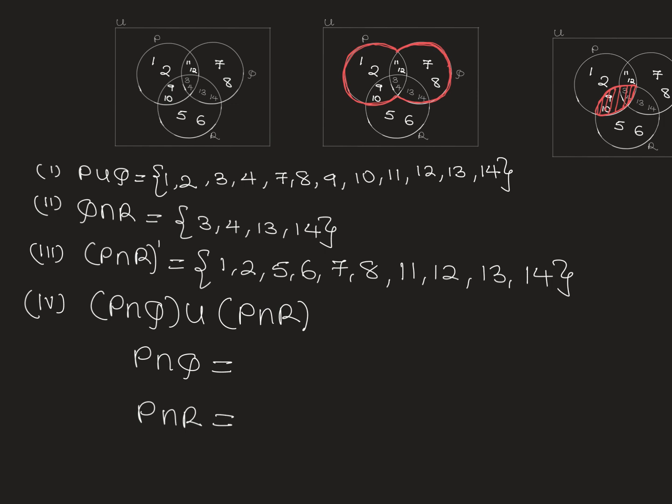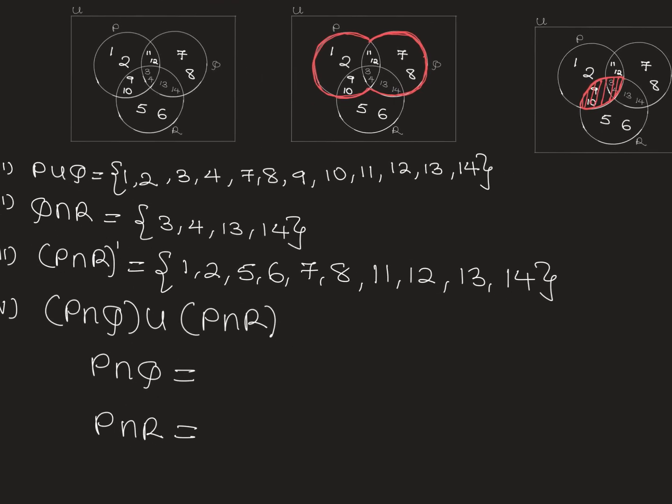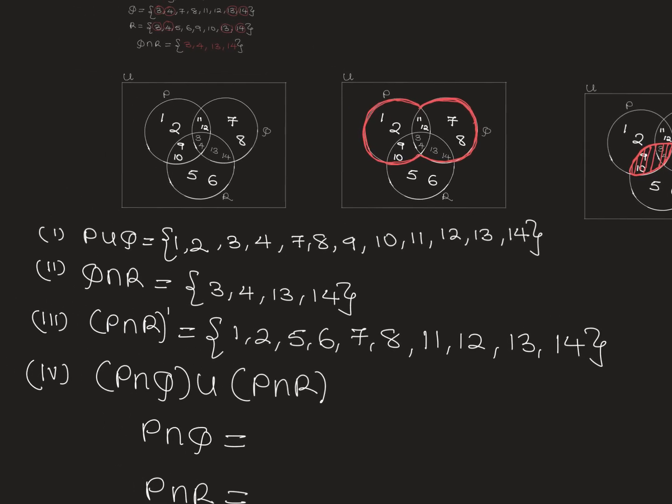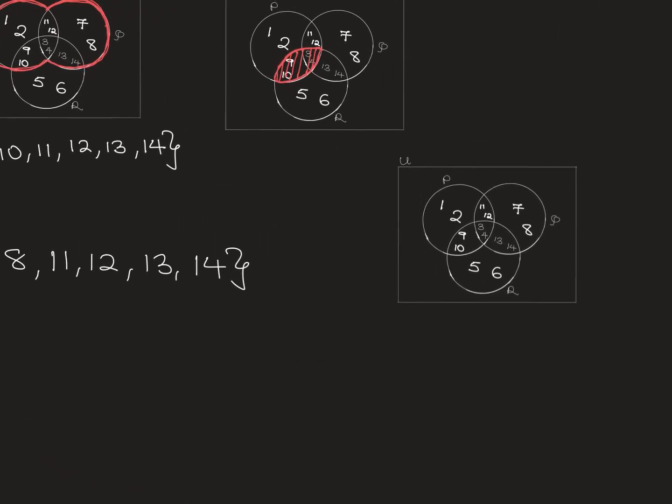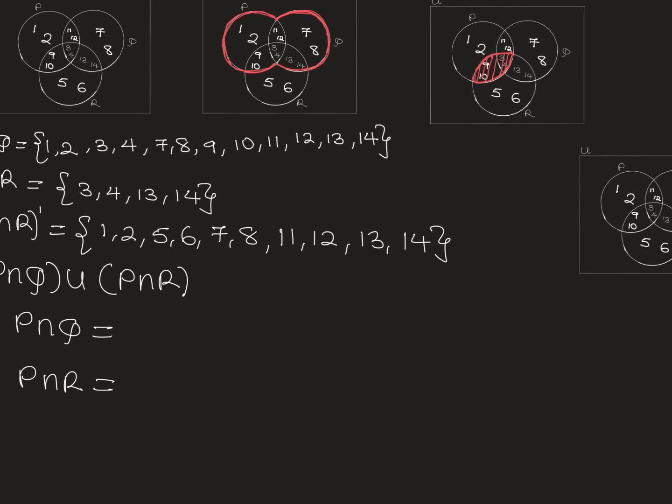Now, what is P intersection Q? Let's try to identify that from the diagram. If I extract the diagram again, what is P intersection Q?